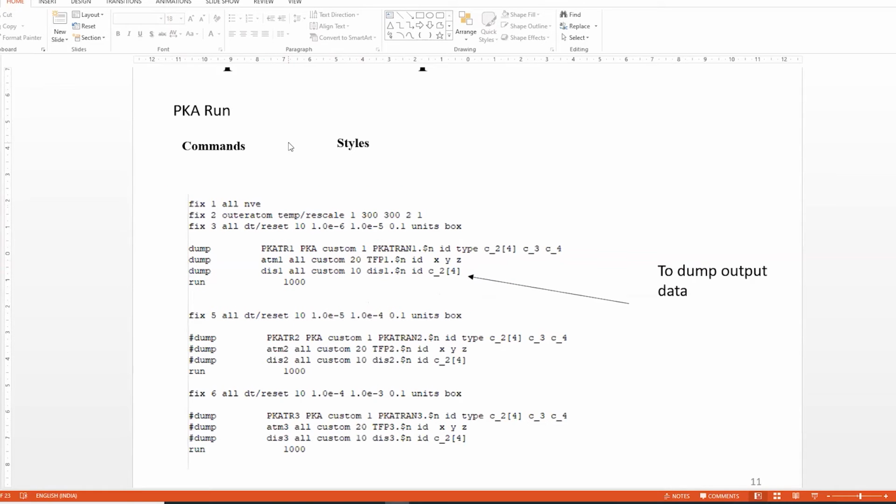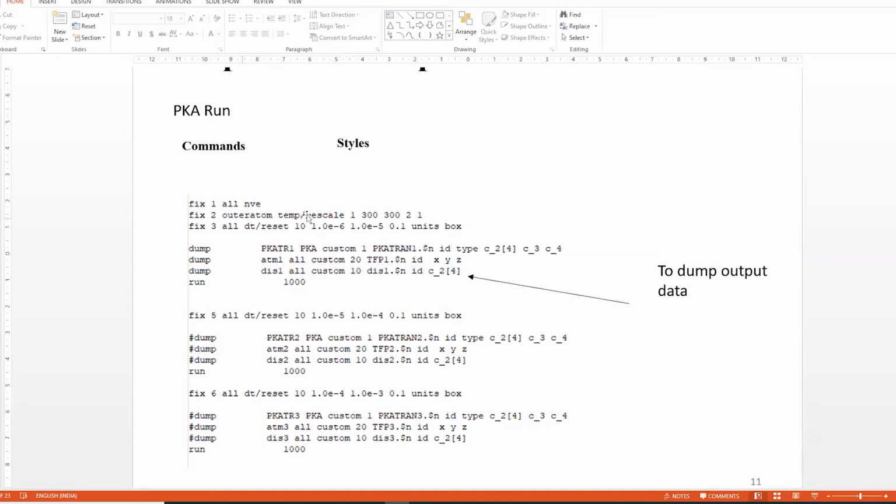After giving the velocity, it will start the PKA run. During the PKA, I am using fix NVE, so energy, number of atoms, and volume will remain constant. I told you I have 2 different atoms: in the outer layer, on all 6 boundaries, I have taken one layer.